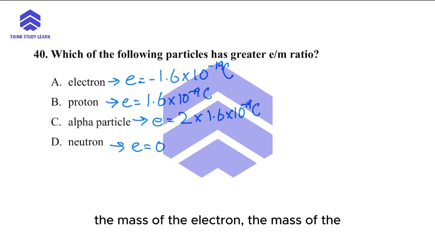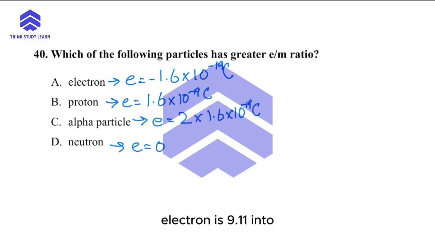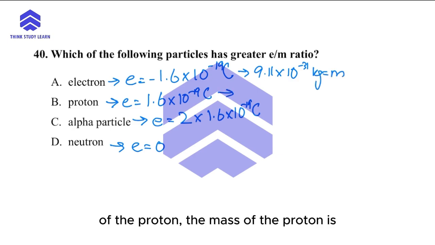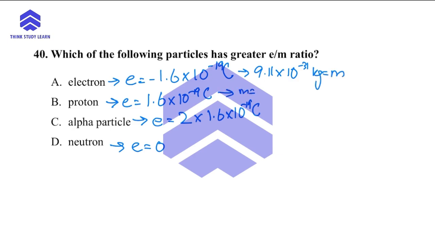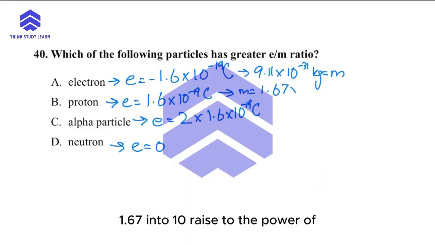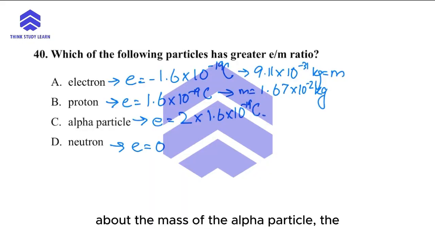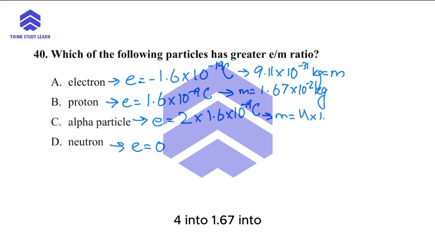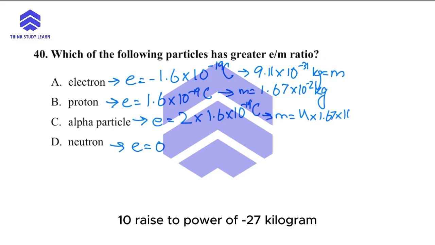The mass of the electron is 9.11 into 10 raised to the power of minus 31 kilogram. The mass of the proton is 1.67 into 10 raised to the power of minus 27 kilogram. The mass of the alpha particle is equal to 4 into 1.67 into 10 raised to the power of minus 27 kilogram.